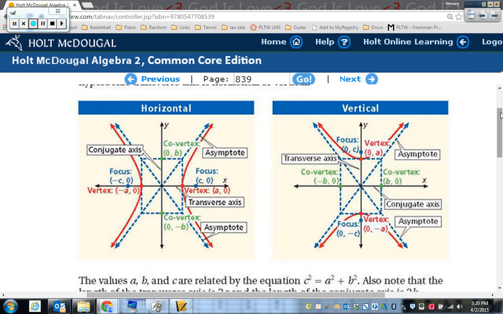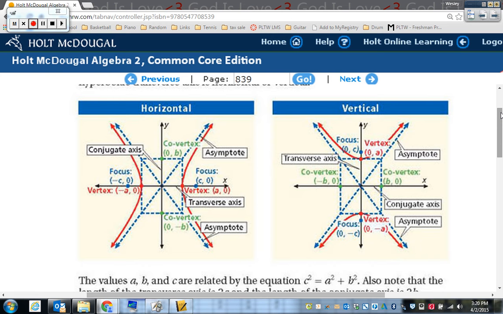Notice they're using a lot of the same notation. We're using vertex, covertex, and focus, and we use a, b, and c, just like we did with the ellipses. We use horizontal and vertical, and just like with the ellipses, my vertex and focus are in the x spot when it's horizontal, and they're in the y spot when it's vertical, and of course covertex is always opposite.